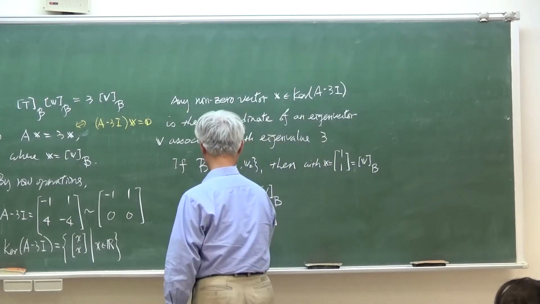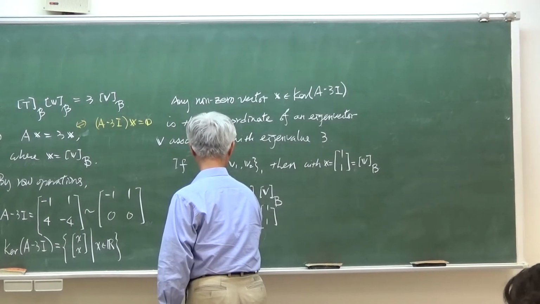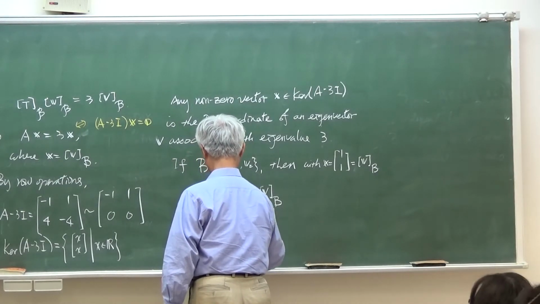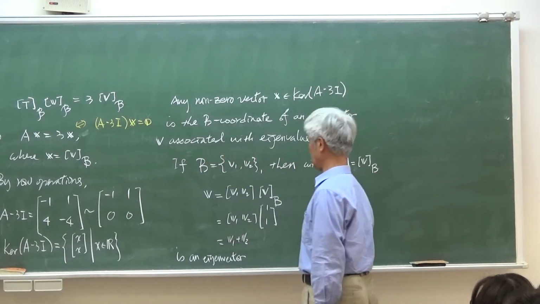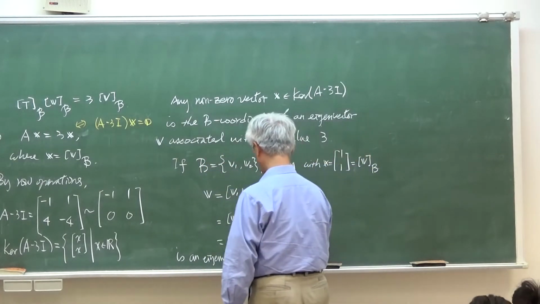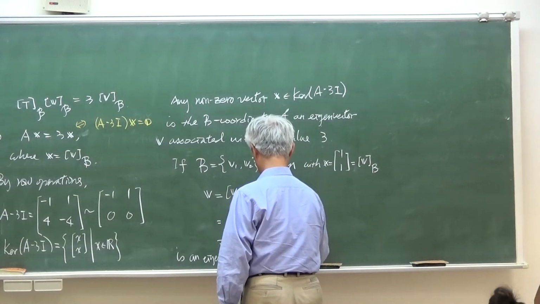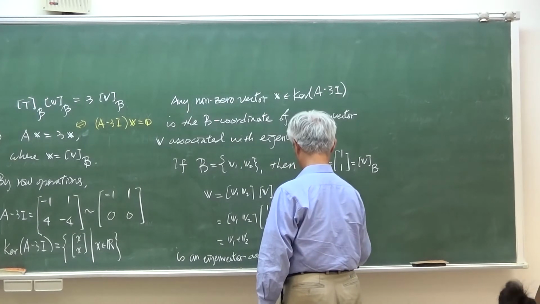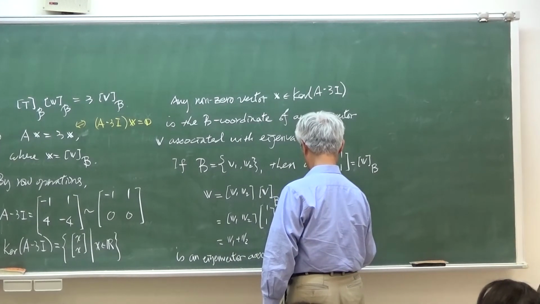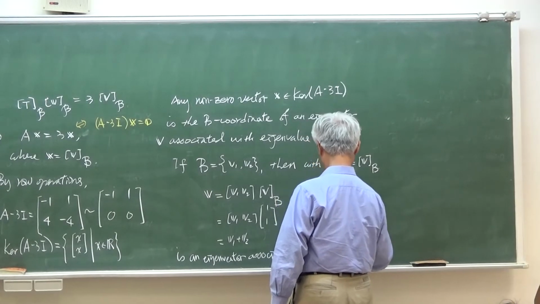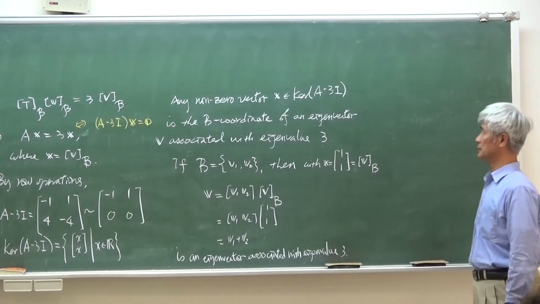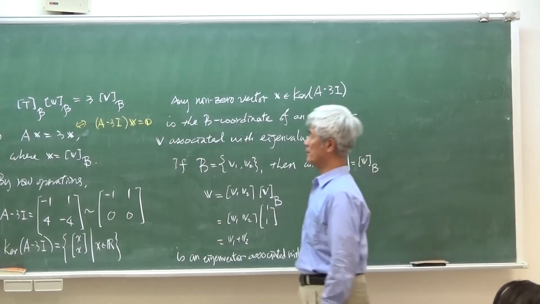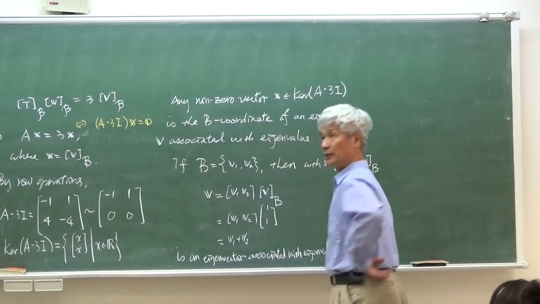So this v is the eigenvector associated with eigenvalue 3. Okay, so we find it. Any questions?